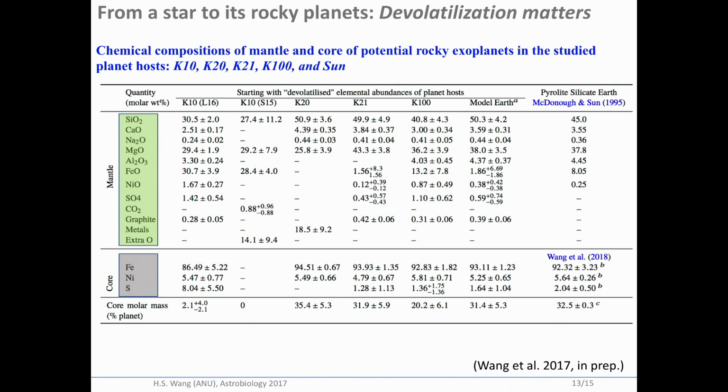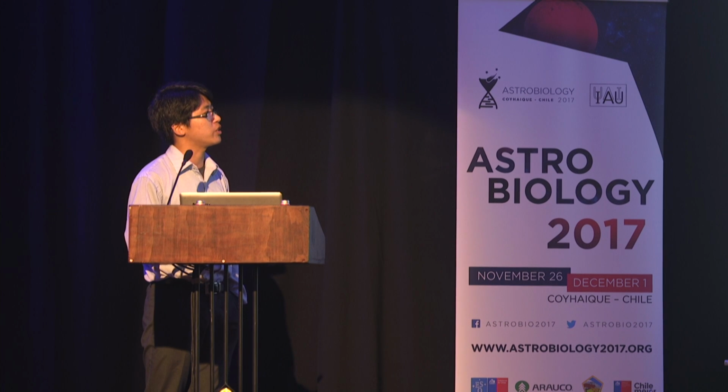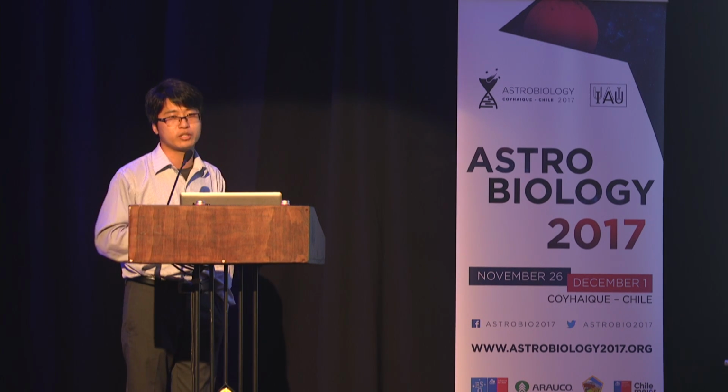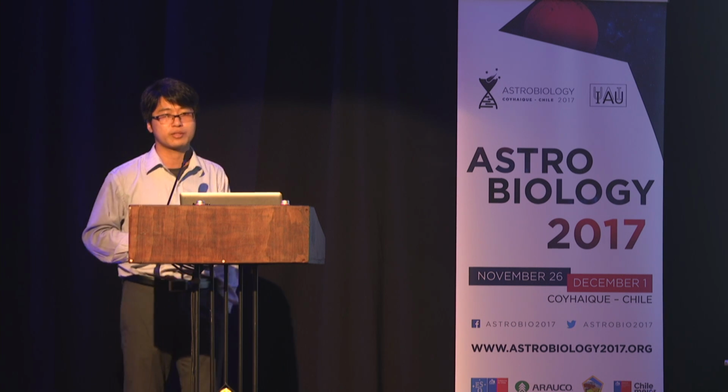And as a verification, we also apply this procedure to the proto-Sun, and we model the elemental composition of the model Earth. And amazingly, these results for mantle and core composition, including the core mass fraction, are consistent with the totally independent determination from the seismic Earth and other determinations.